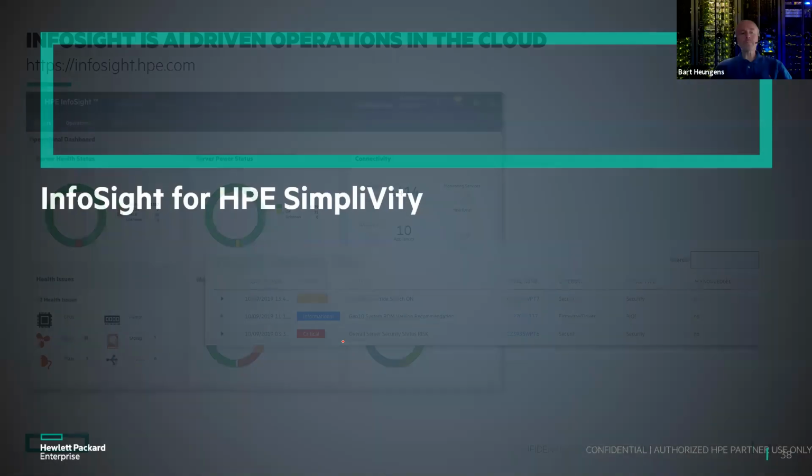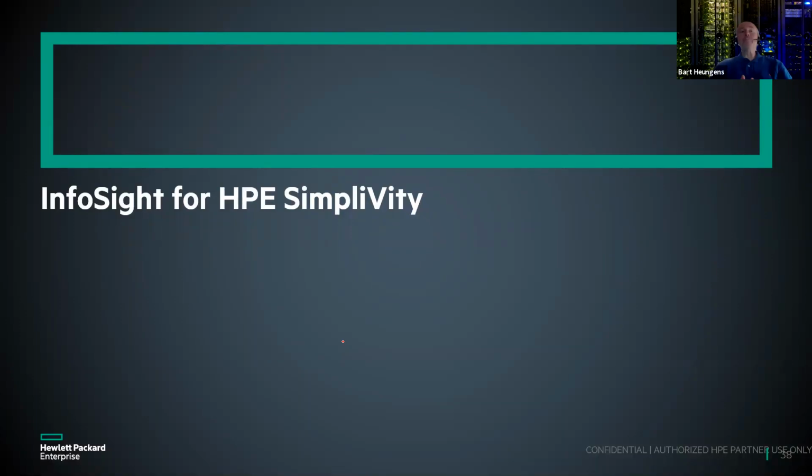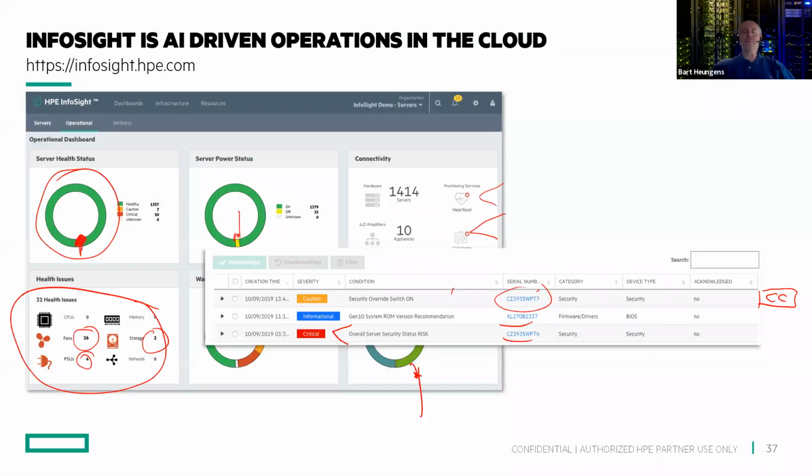Okay, good. The next thing is SimpliVity. What is SimpliVity? Technically it's a server, but hyper-converged with storage integrated and also a hypervisor. That's cool, because we have something called cross-stack analytics. And maybe you're going to ask me that question: Bart, what about InfoSight for servers?